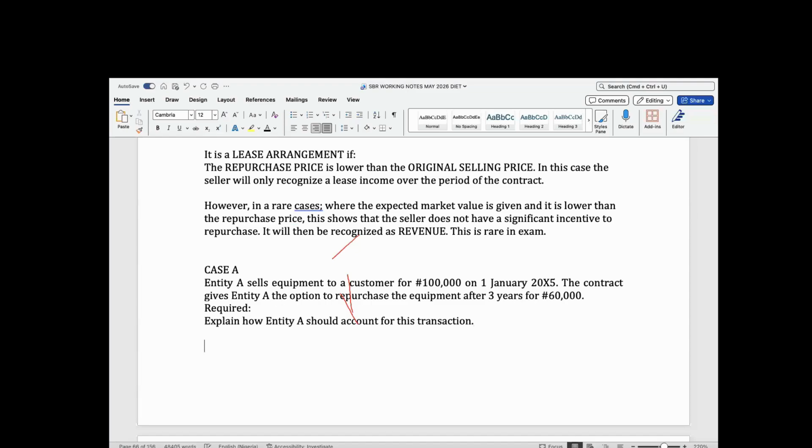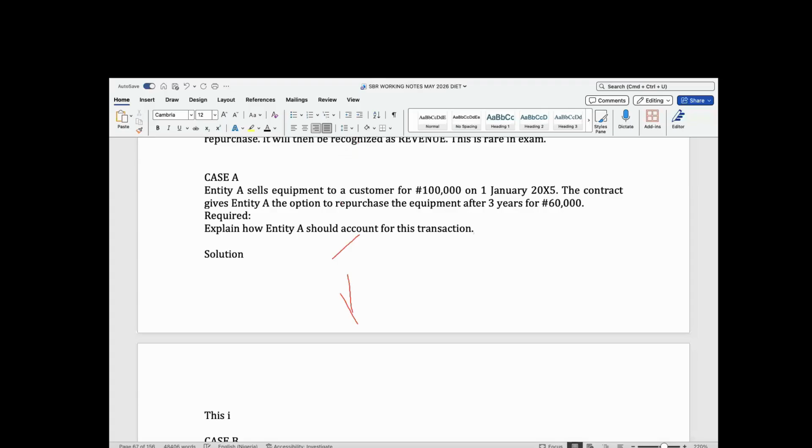So in this case, this is a call option, and you see that the purchase price is lower than the original selling price. Fashion, is this a financing arrangement or a lease arrangement?